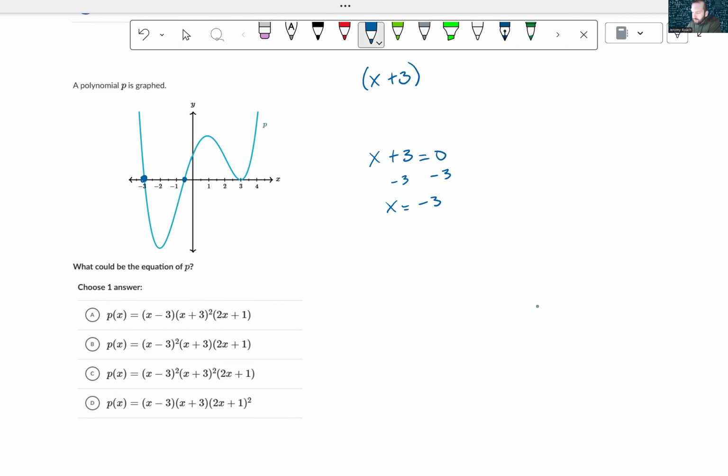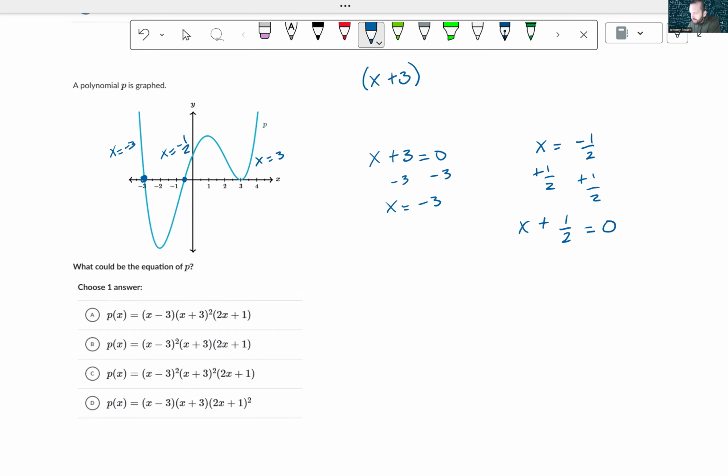So this should be, I'm going to write this out like this. x is negative 3, x is negative 1/2, and x is positive 3. So let's start this over for x equals negative 1/2. So if we plus 1/2 and plus 1/2, we get x plus 1/2 equals 0. But that's still not on here.